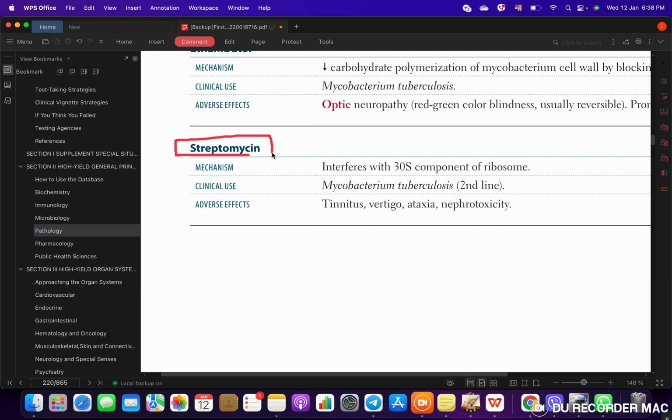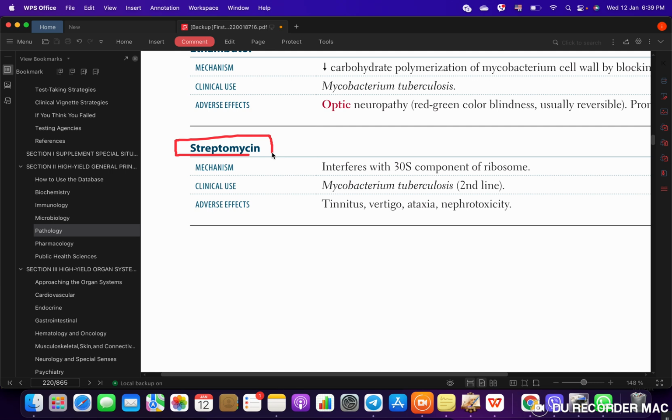Remember, streptomycin goes under which drug family? Yes, it's an aminoglycoside. So an aminoglycoside means it will work on the 30S subunit.